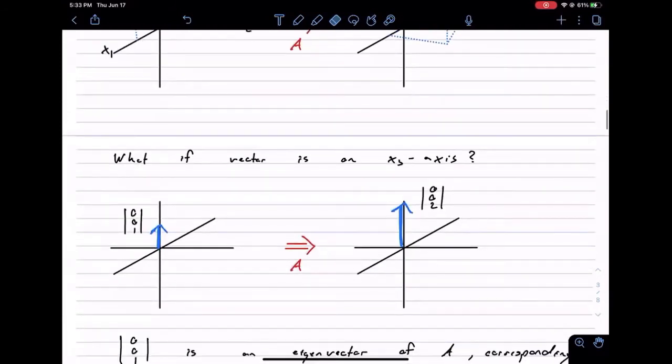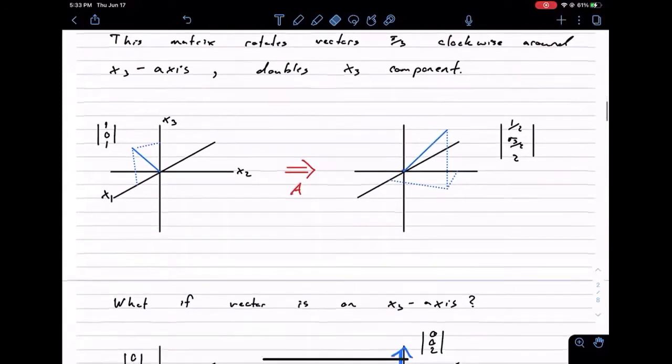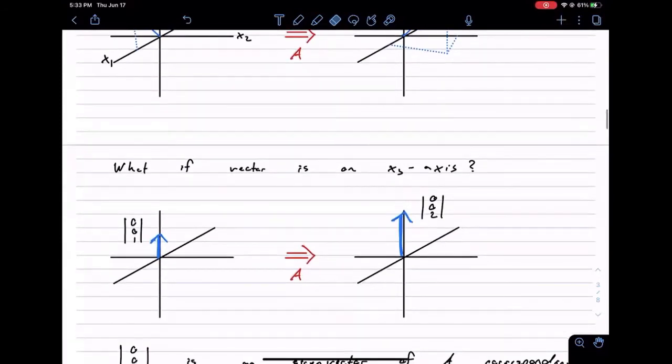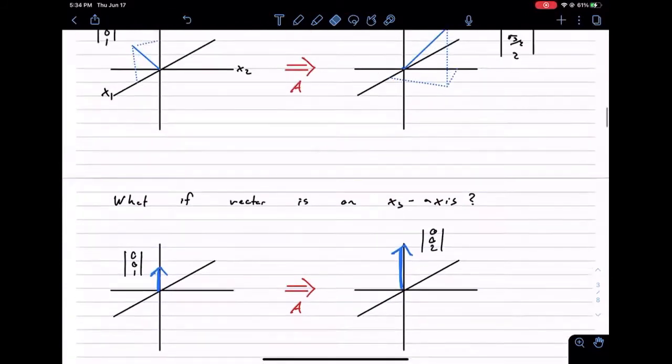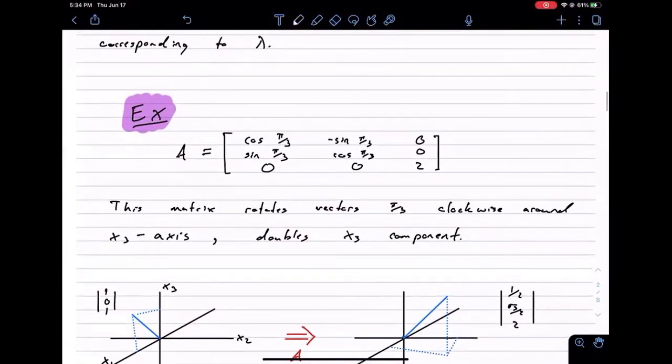But what if our vector is just on that x3 axis? What if it's just a vertical line? What's the effect? Well, there's not much to rotate, right? It's getting rotated around the x3 axis, but it is on the x3 axis. So the only part of this matrix that has an effect is this 2 here.